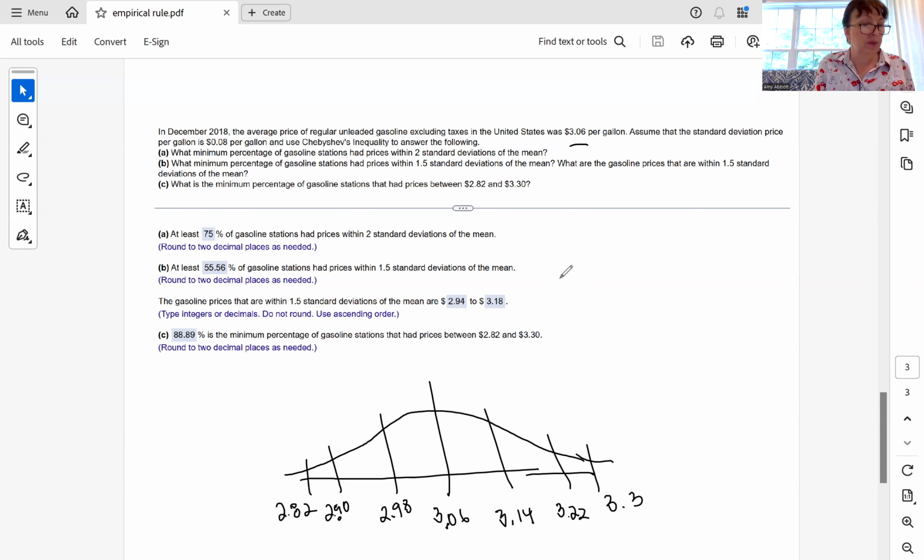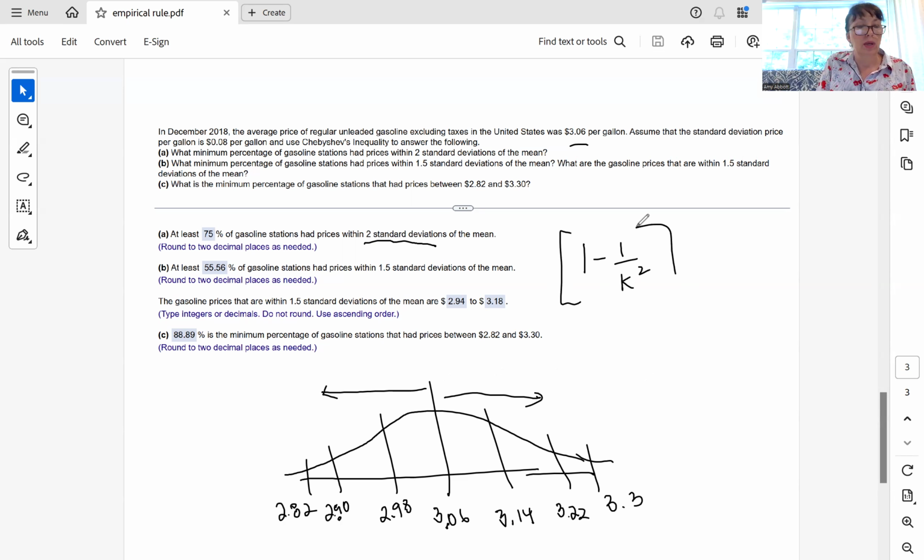Okay, so the first one here, letter A, they'd like to know at least what percent of the gasolines had prices within 2 standard deviations. So it's a formula that we're supposed to use. The formula that tells you how much is within 2 standard deviations is 1 minus 1 over k squared, and then times 100%.